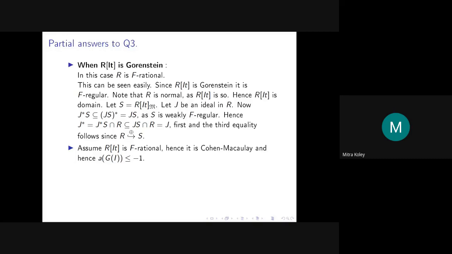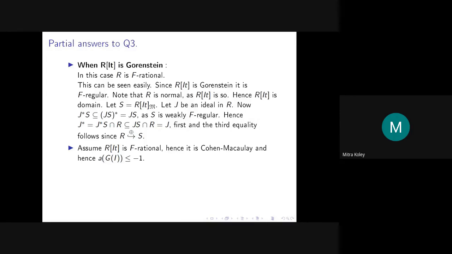Hence J* equals J*S intersection R. This follows because R is a direct summand of S, and J*S intersection R is a subset of JS intersection R, which equals J, again because R is a direct summand of S. So here we showed that every ideal of R is tightly closed. So R is actually weakly F-regular.